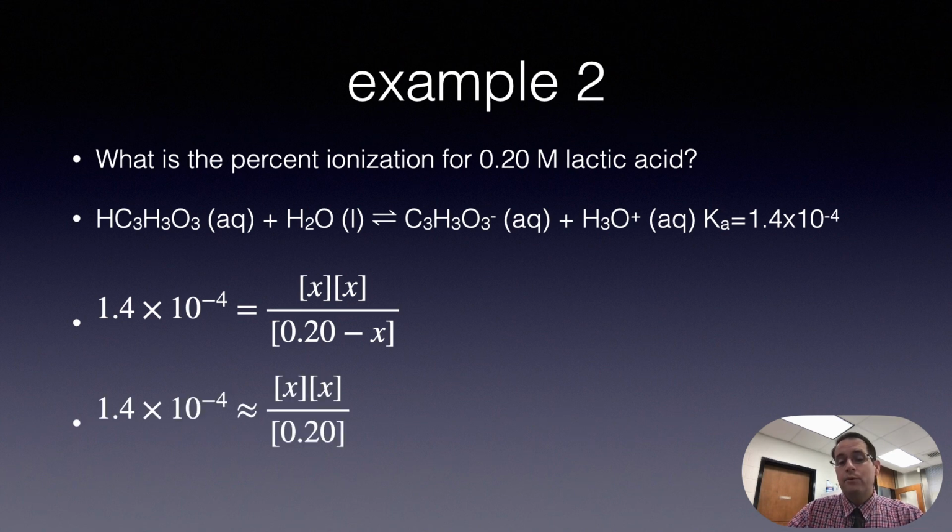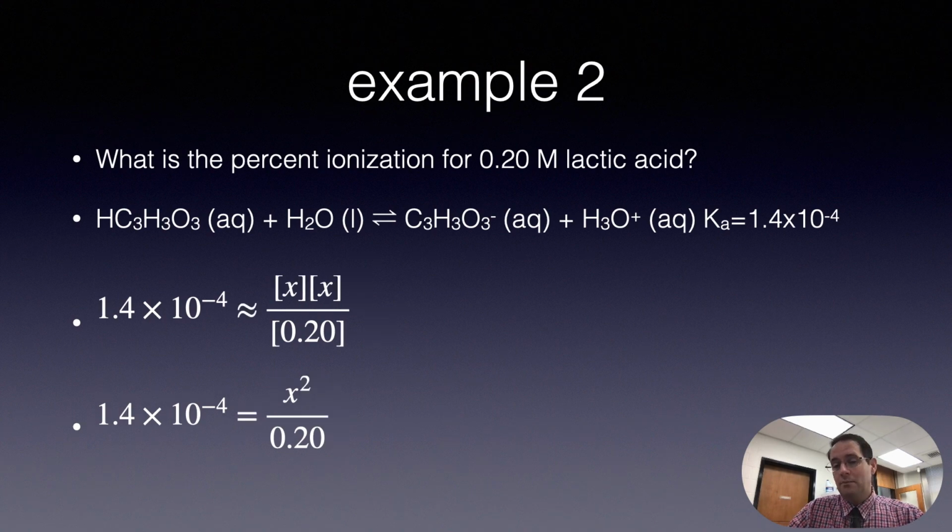And we want to make the very important simplification. We assume that x is very small, and so 0.20 minus x is approximately equal to 0.20. So we can neglect that x.